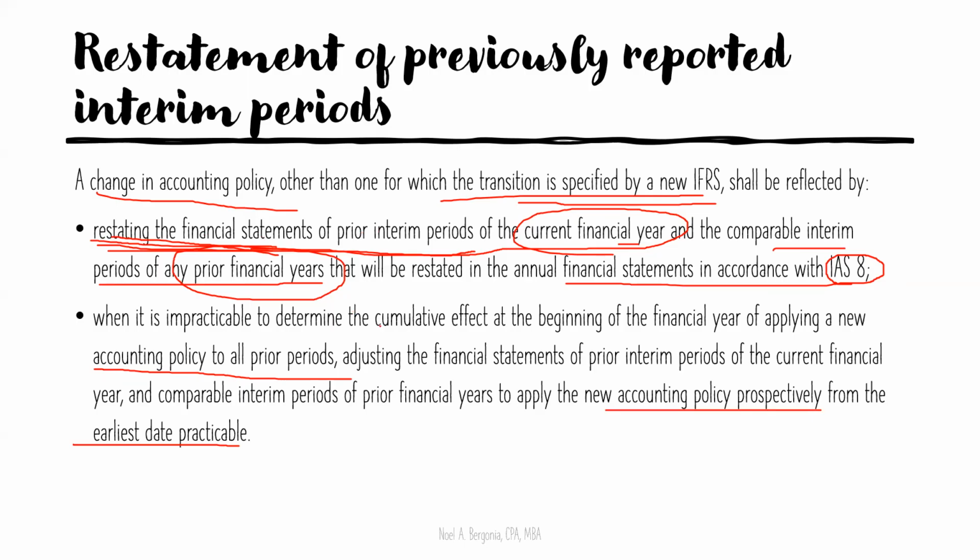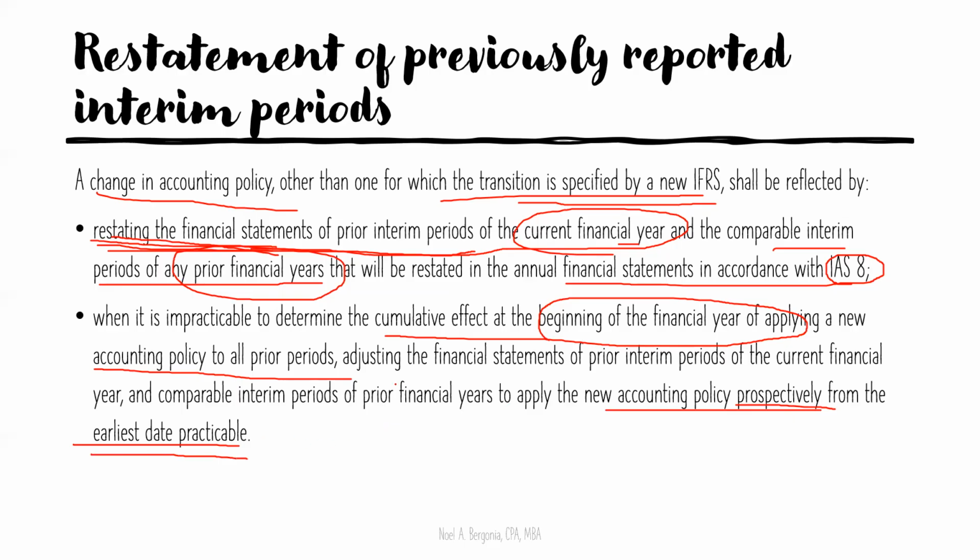So, what we will do, sabi dito sa second bullet, okay, is determine na lang yung cumulative effect of the new policy at the beginning of the financial year, and then it would be applied prospectively, okay, from the earliest date practicable na lang.